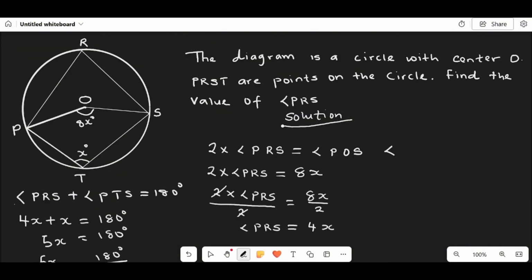Angle PRS equals 4 times 36 degrees, which will give us 144 degrees.